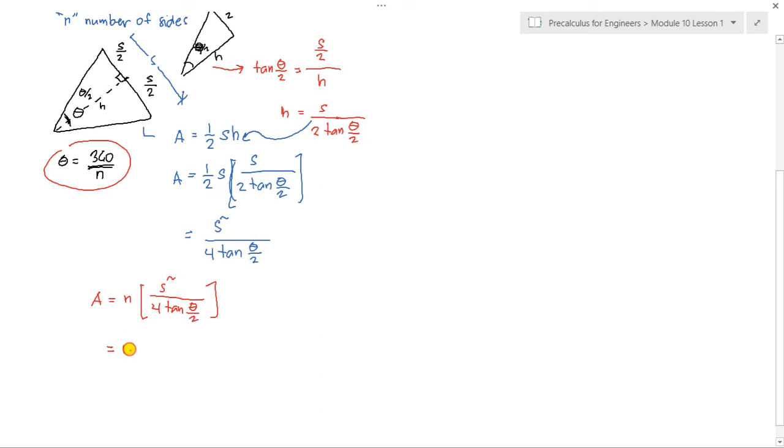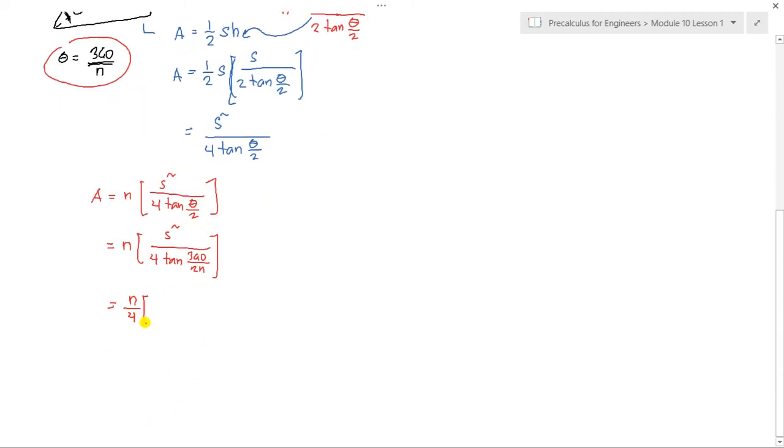So substituting with that one, so we have n times s squared all over 4 tangent of 360 all over 2n. So 360 divided by 2, that is n all over 4. Ako lang i-extract ang 4. Multiplied by s squared all over this one.